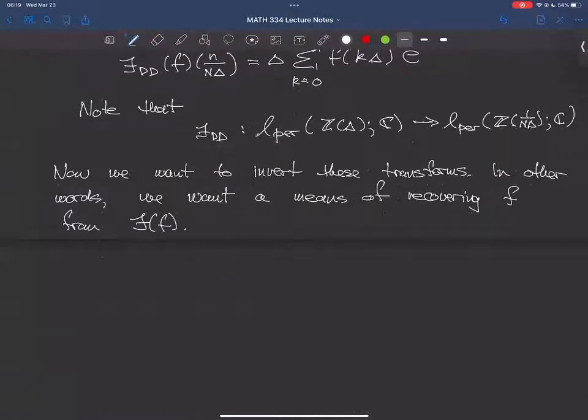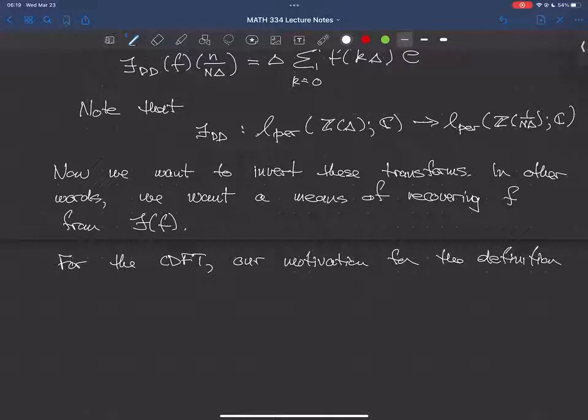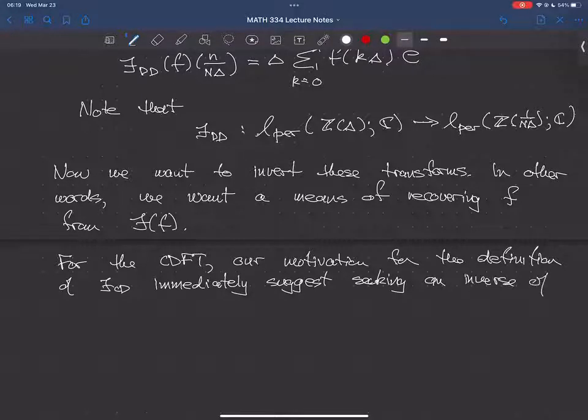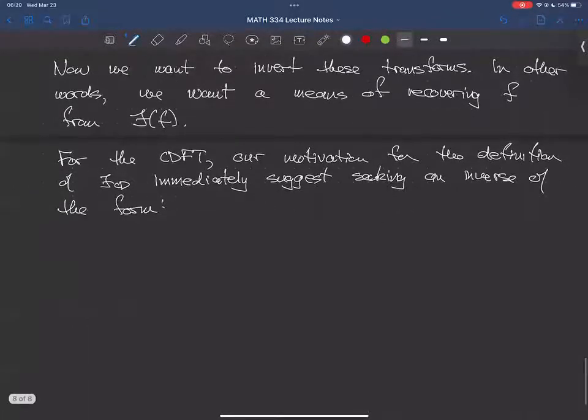All right, so for the CDFT, our motivation for the definition of F_CD immediately suggests seeking an inverse of the form, okay, and so F_CD, and I'm going to write this as F_CD inverse.